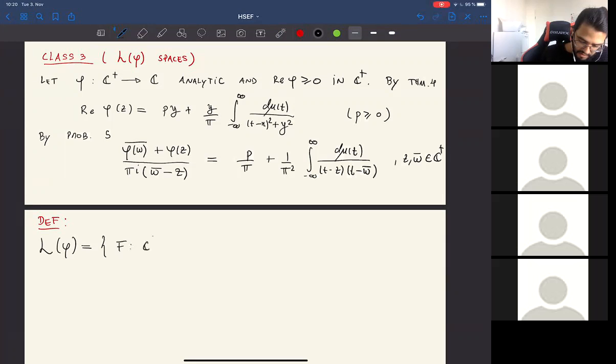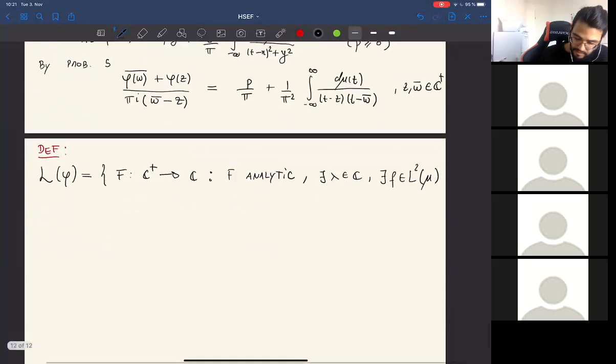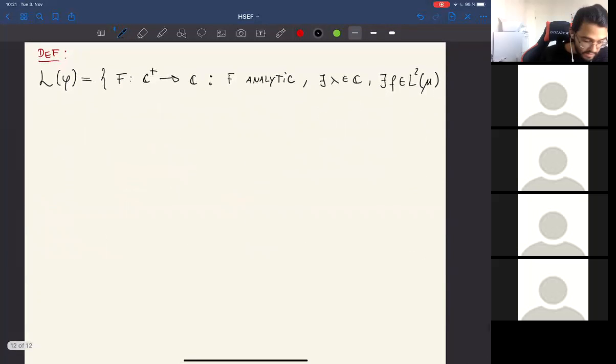It will be just analytic functions on the upper half plane, and there exists some lambda, a complex number, and there exists some little f belonging to the L2 space related with this measure mu, which is uniquely associated with phi, so that f of z equals lambda plus 1 over pi i times an integral.